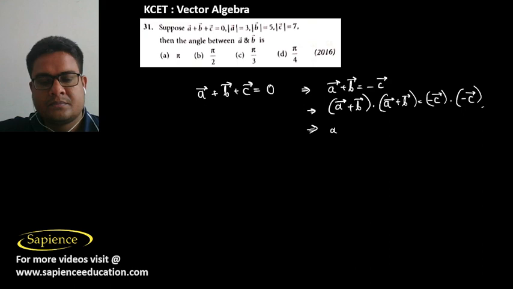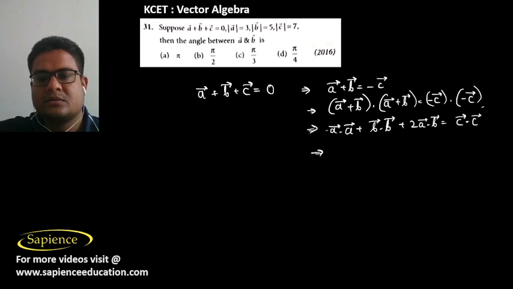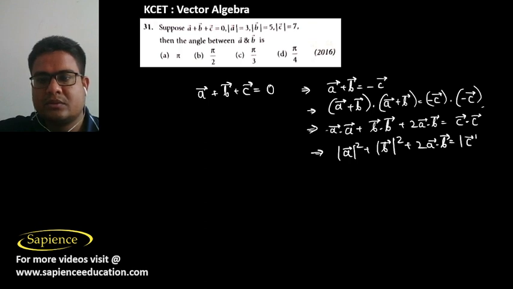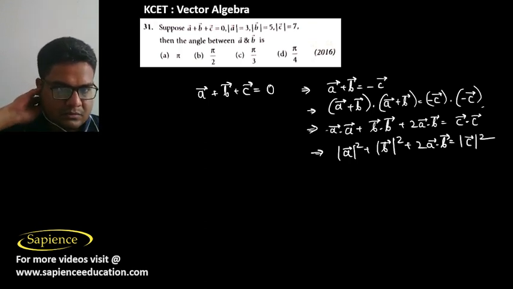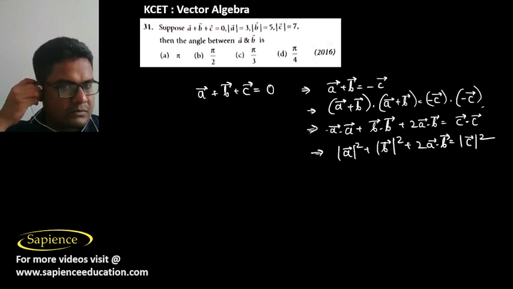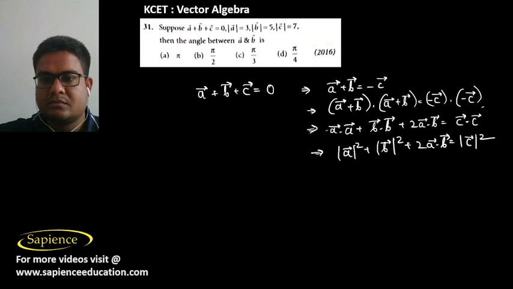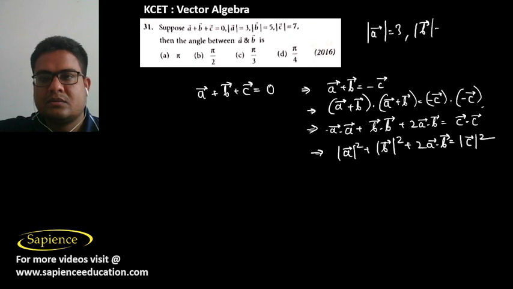So this will be a dot a plus b dot b plus 2 a dot b is equal to c dot c. That is, mod a whole square plus mod b whole square plus 2 a dot b is equal to mod c square. The magnitude of a is 3, magnitude of b is 5, and magnitude of c is 7.